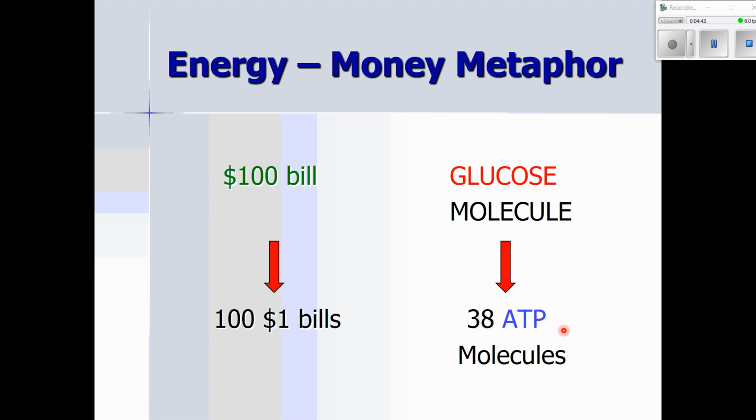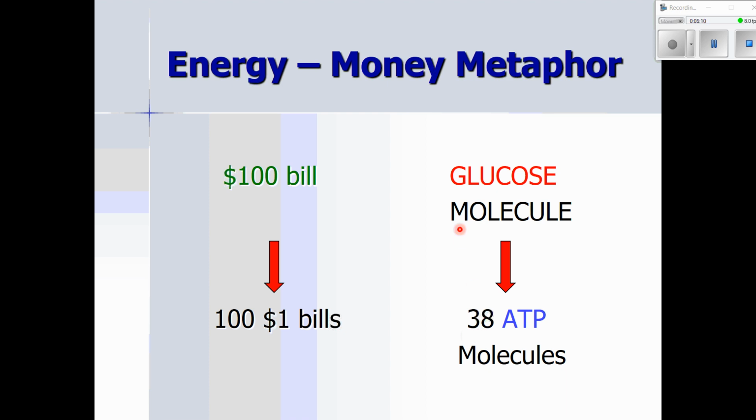molecules. And a pretty good estimate is a cell can obtain a maximum of 38 ATP molecules from the breakdown of one glucose. Now that's assuming that a whole bunch of things go exactly perfectly. That's kind of the maximum. Usually it's not quite the full 38. We'll get into that eventually.